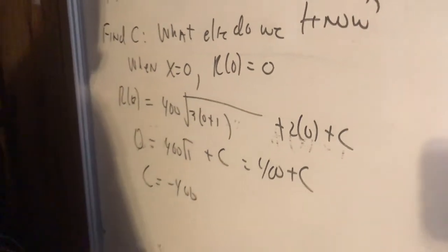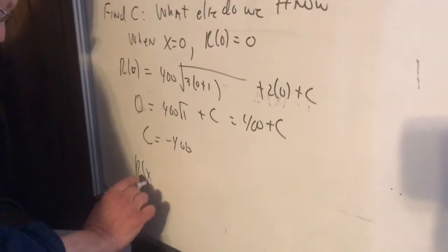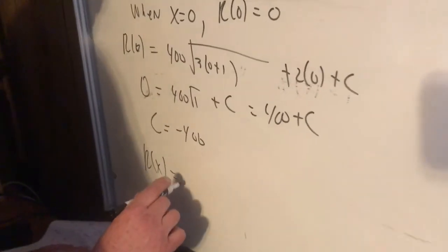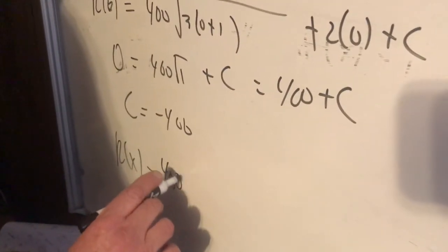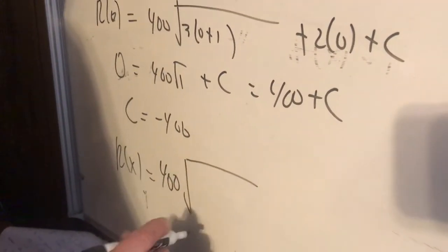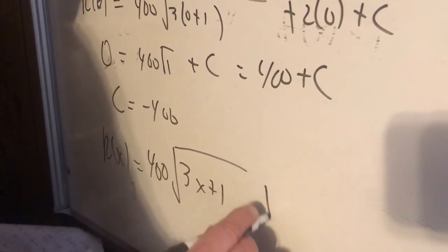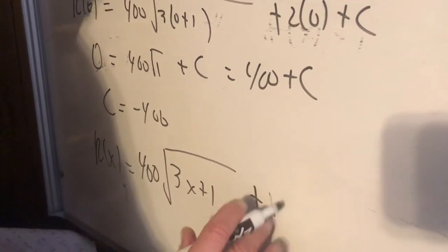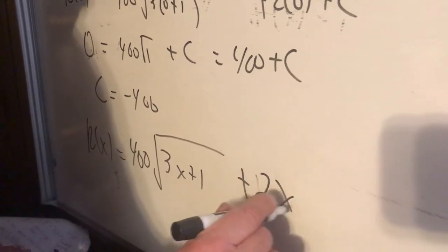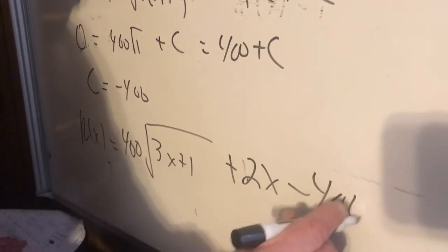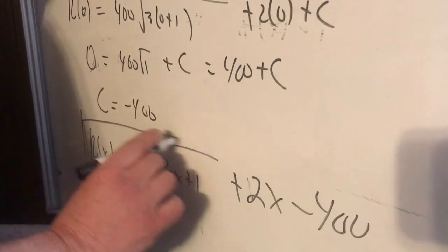So our original function now is going to be 400 times the square root of 3x plus 1, plus 2x, minus 400. And this is our original function.